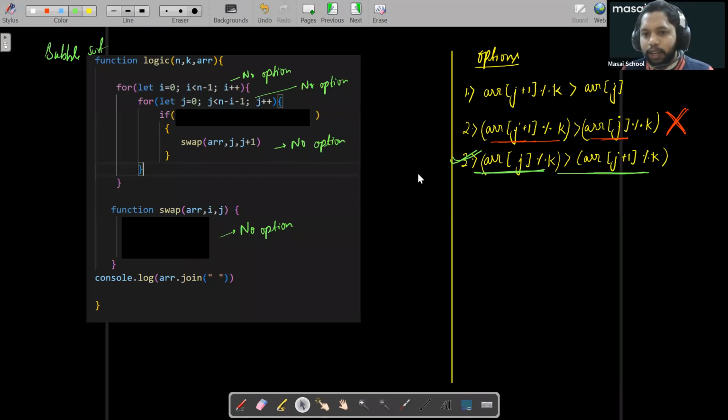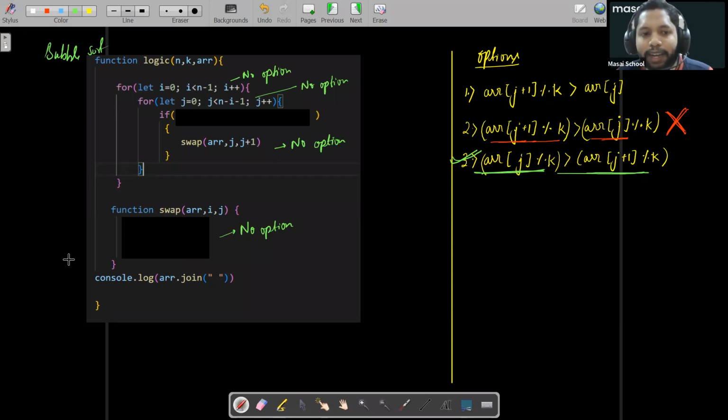Only Lokesh is correct till now. Ayush is also sort of correct, not completely, because Ayush is using let.